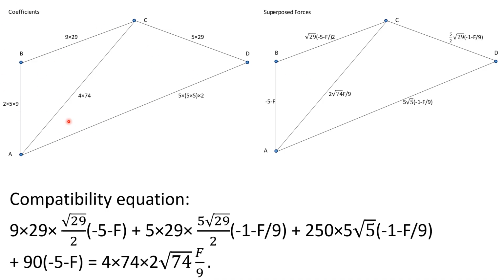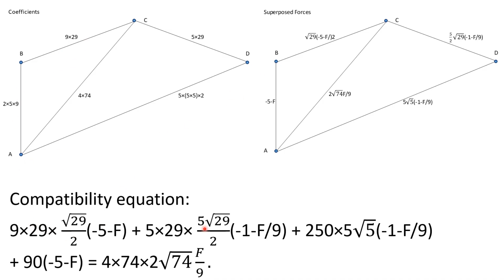Coefficients are on this diagram and the superposed forces are on this diagram. The compatibility equation is obtained by multiplying the coefficients times the superposed forces for each member. So each member will multiply the coefficient with the corresponding superposed force, and we add these terms first around the perimeter.